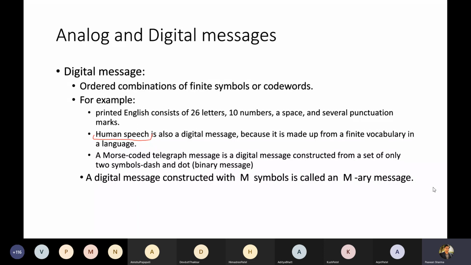If you have M symbols that you are using in a message, you call it an M-ary message. It can be 4, it can be 8, depending on the case. As our course progresses, this M will increase. For example, in QPSK, when we see different types of symbols, a different number of symbols is available to represent the message or information. We'll cover this.